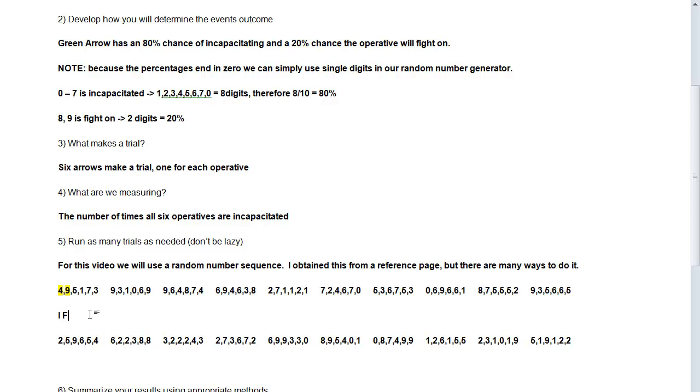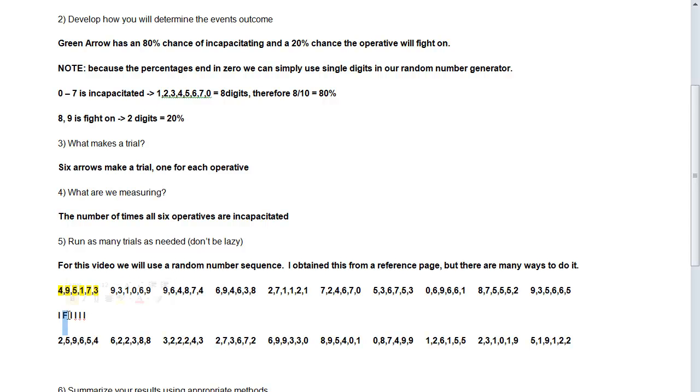So really, I don't need to go any further, even though 5 is going to be incapacitated, 1 is also incapacitated, 7 is incapacitated, and of course 3 is also incapacitated.